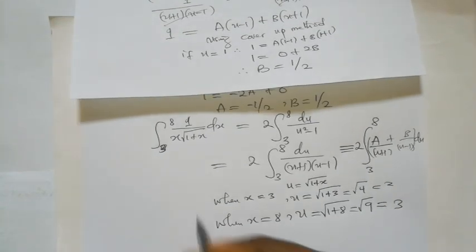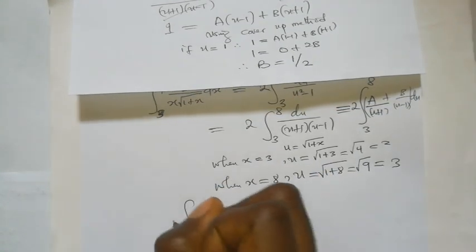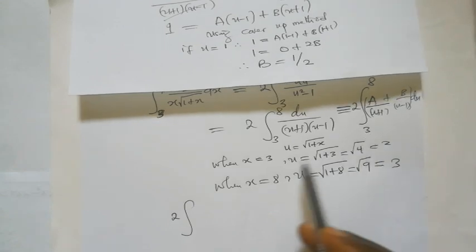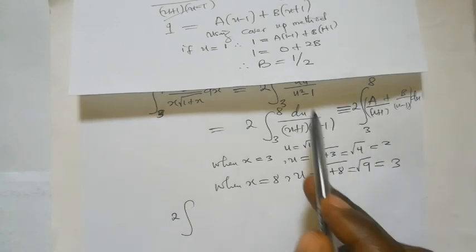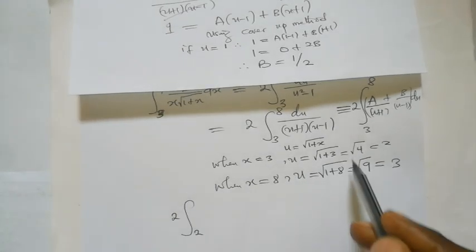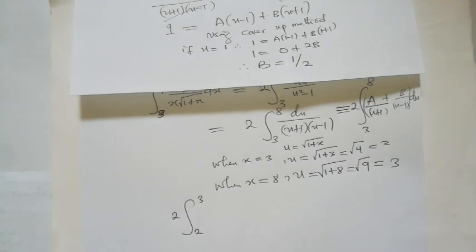So here we are going to have the integral with 2 in place of this 3 for when in terms of x, and in place of 8 we are going to have 3. You get it?